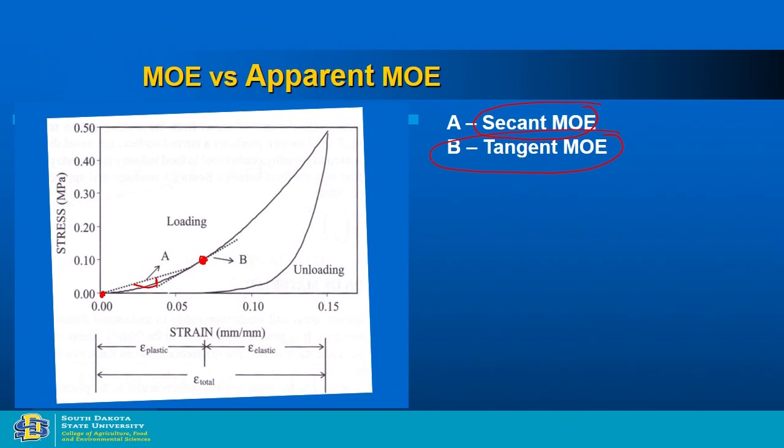These are two different ways of thinking, calculating modulus of elasticity: one is the secant method, the other is the tangent method. Which one is right? Both are right. As long as you do the same thing for all your sample testing, you are good to go.